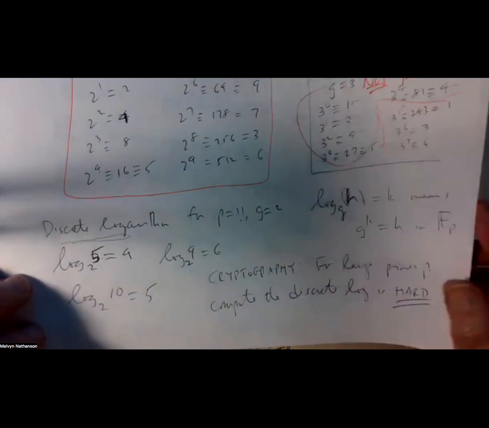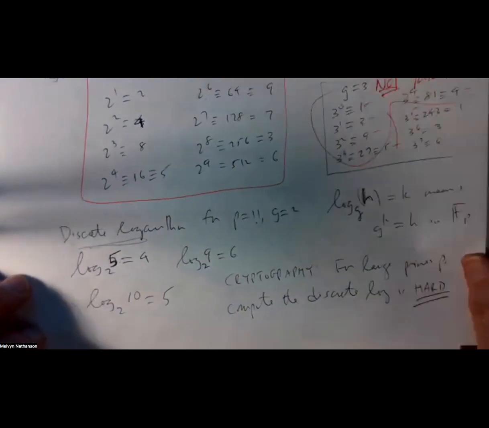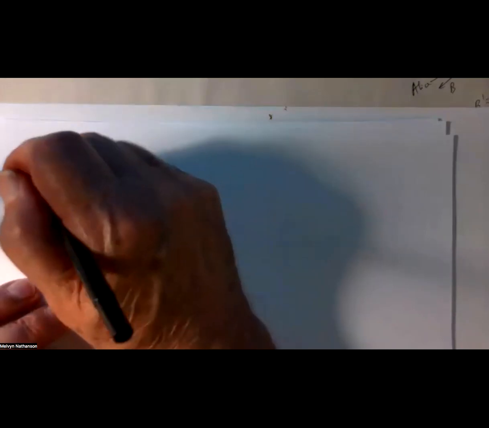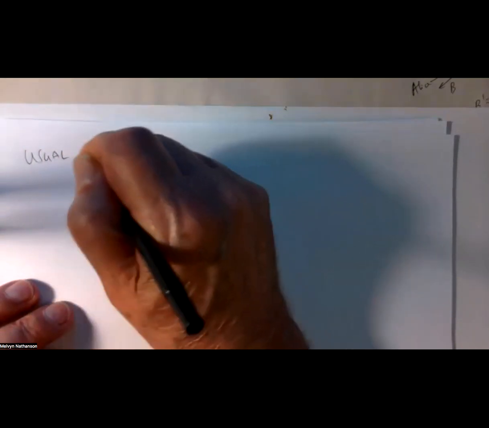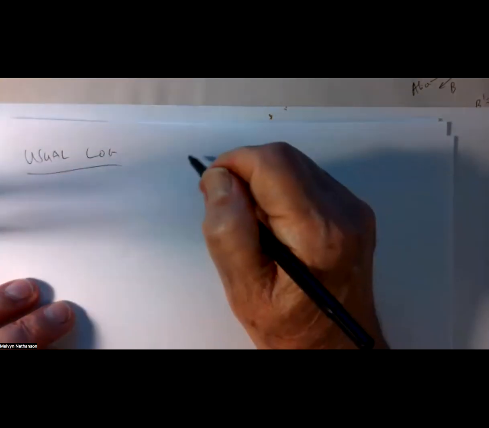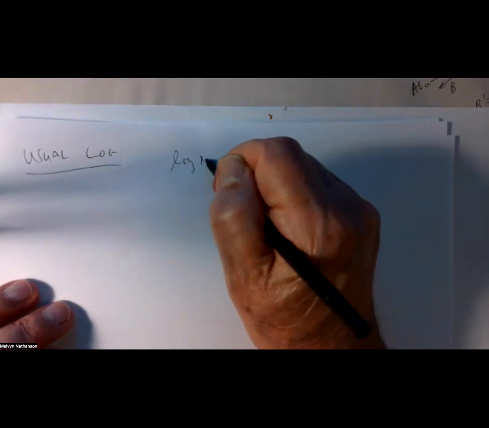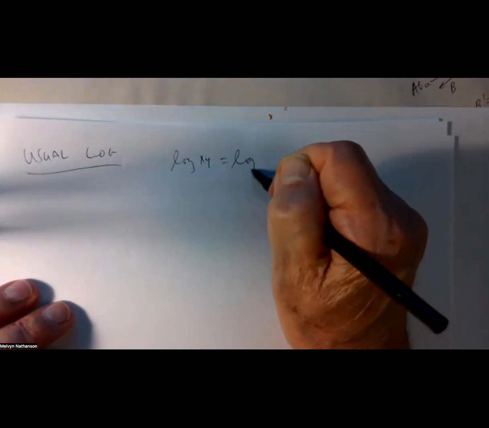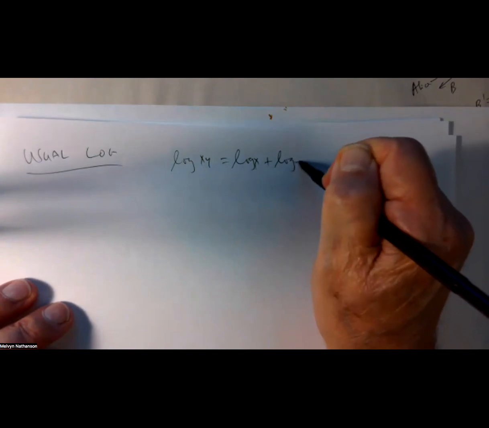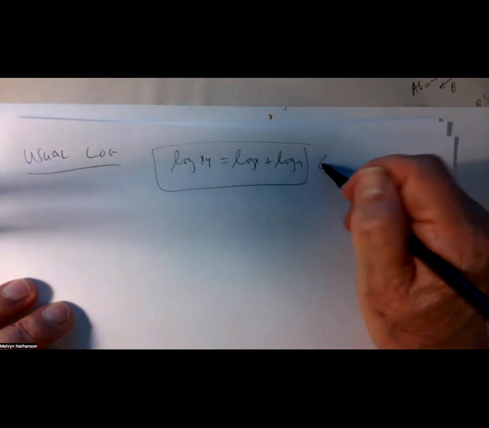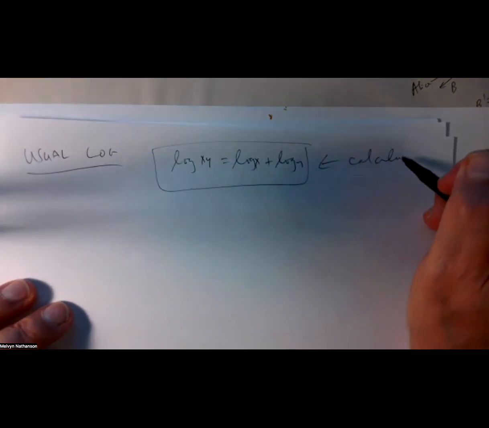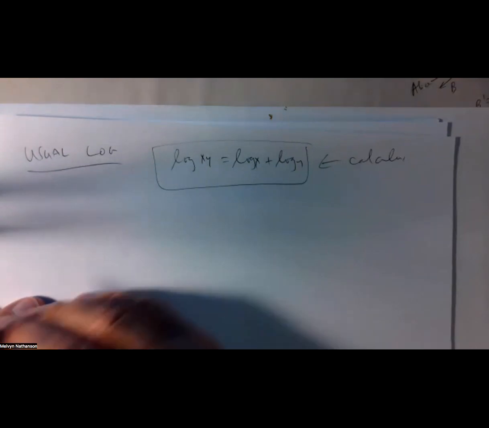The discrete logarithm has many of the properties of the usual logarithm. For example, the usual log from pre-calculus says the log of xy is the log of x plus the log of y. So you use this in calculus all the time.